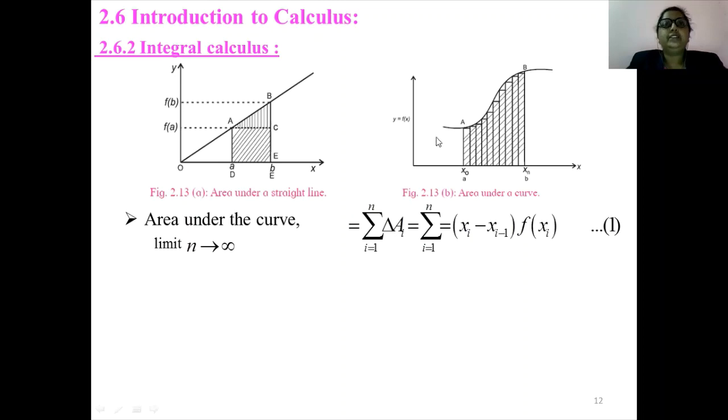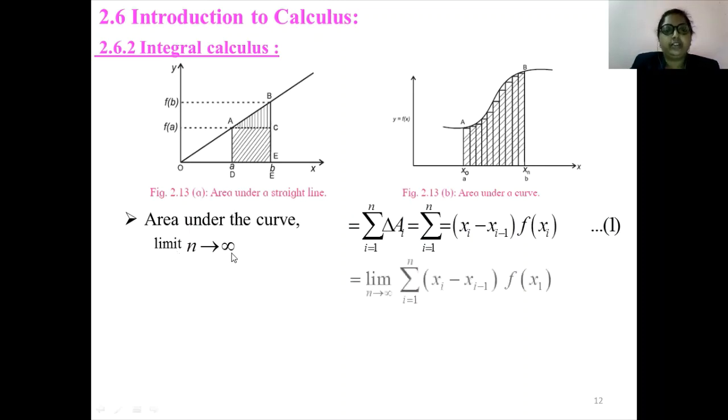As the strips are not really rectangles, the area calculated above is not exactly equal to the area under this curve. As we increase n, the sum of areas of rectangles gets closer to the actual area under this curve and becomes equal to it in the limit n tends to infinity.